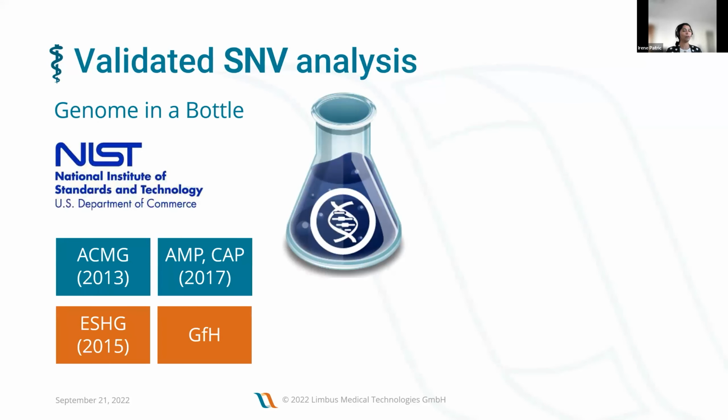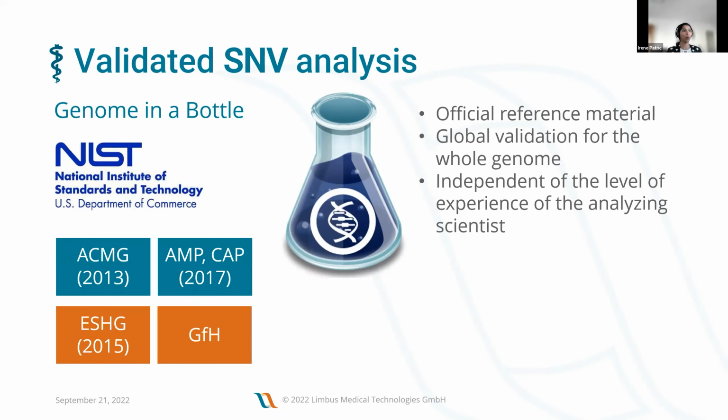Now, if we talk about validating using reference samples, what would be a good reference sample? Genome in a Bottle samples, which have been globally recognized and recommended to be used as an official reference material. These samples have been characterized very well by multiple methods, and so there is a known set of variants, and we have a known data set, basically.